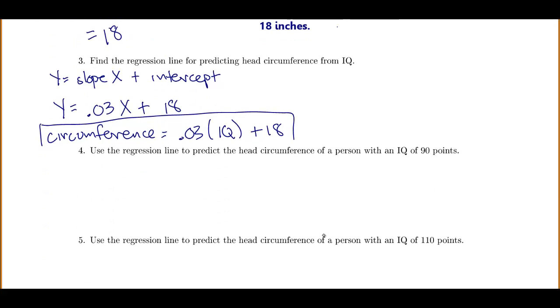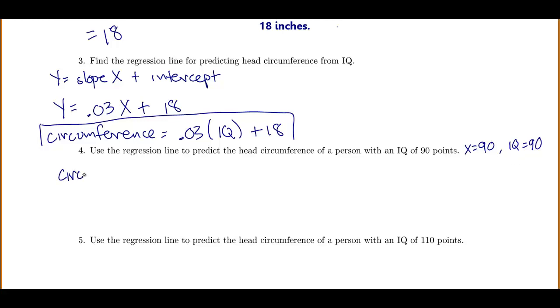Number 4, let's use the regression line to predict the head circumference of a person with an IQ of 90 points. That just means that x equals 90, or IQ equals 90. We just need to plug that number into the equation of our line.